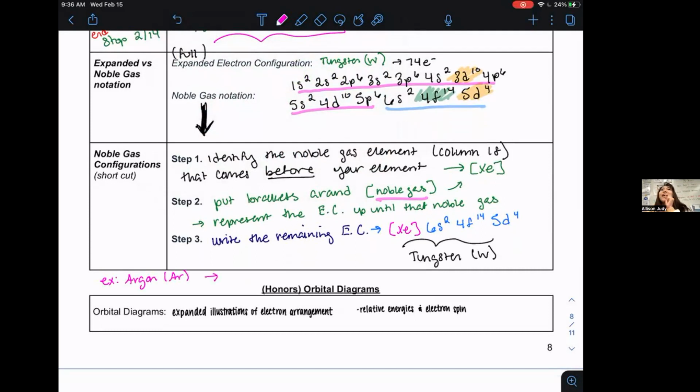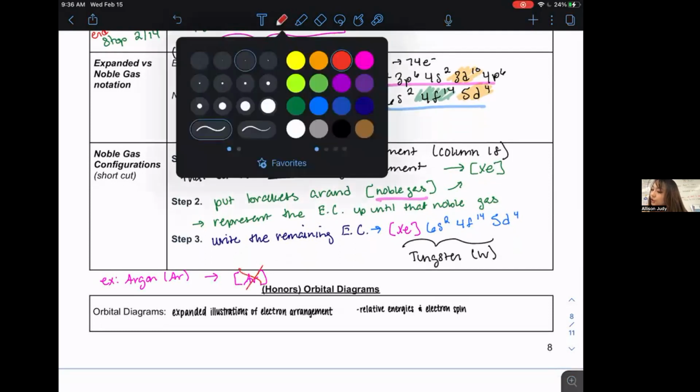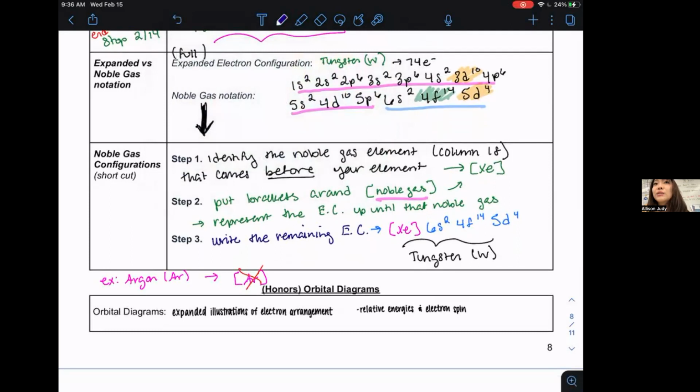You cannot write argon, that's a no. What you do instead is write the noble gas before it, neon, and then it becomes 3s2, 3p6 for argon. It has to be before it.